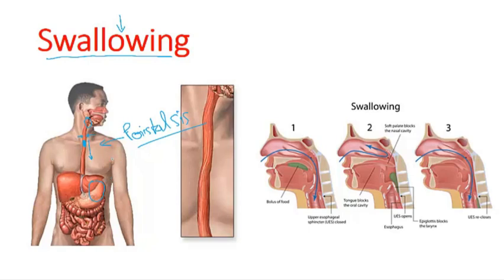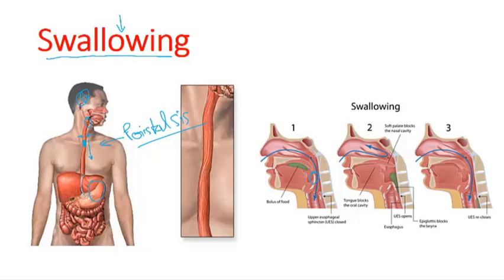Now there are two types of peristalsis, primary and secondary. The primary peristalsis is controlled by the swallowing center in the brain. There's a specific center for that. The sequence of events in swallowing, step by step: first, the soft palate rises to close off the nasopharynx, because there are valves that prevent passage into the nasal passage.